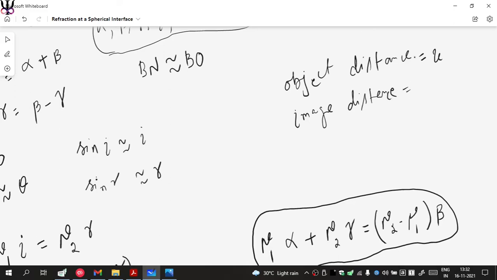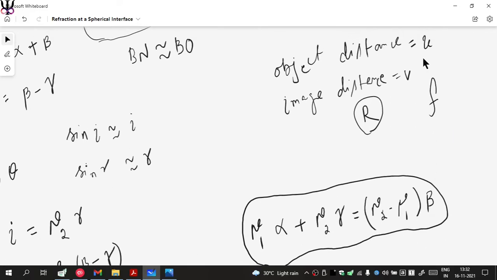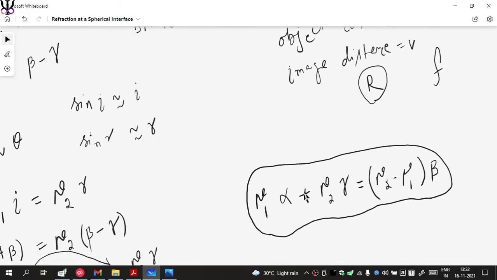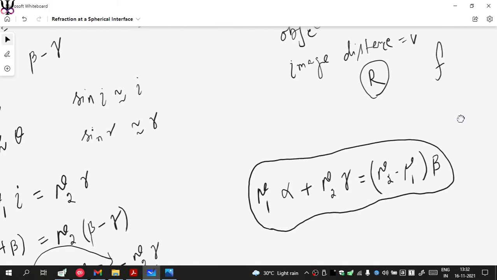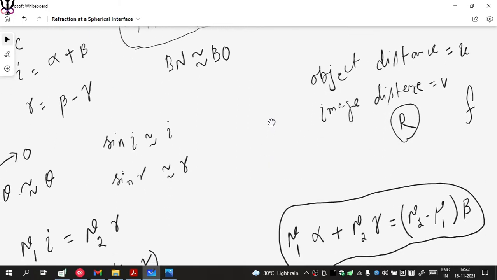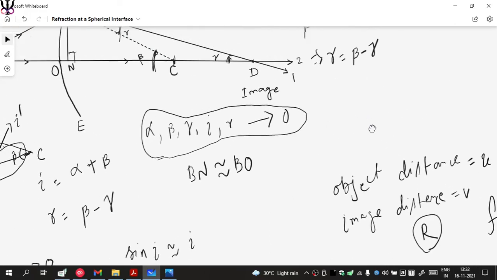We use radius of curvature for the interface as r, and for focus we use f. Now we are going to introduce these notations u, v, r and f wherever possible into this expression. But we also have to understand what alpha, gamma and beta actually mean in this particular triangle.